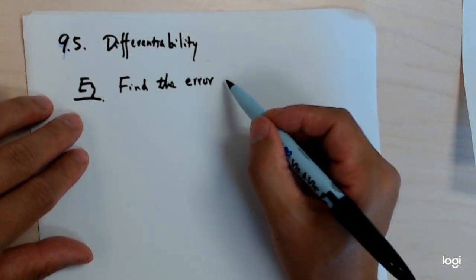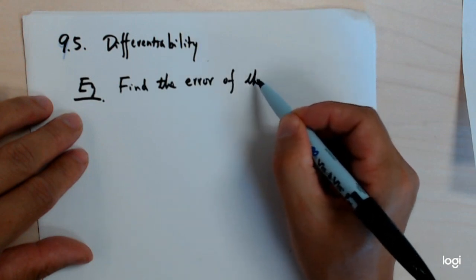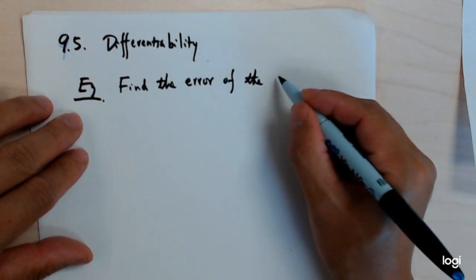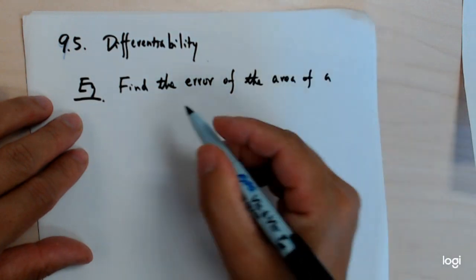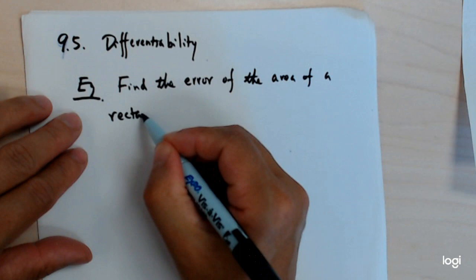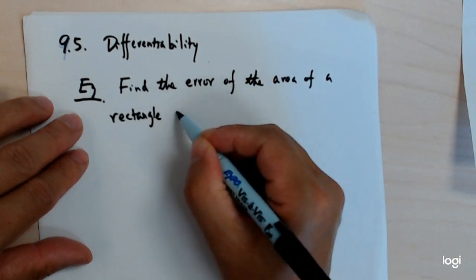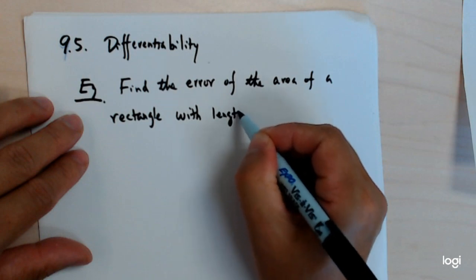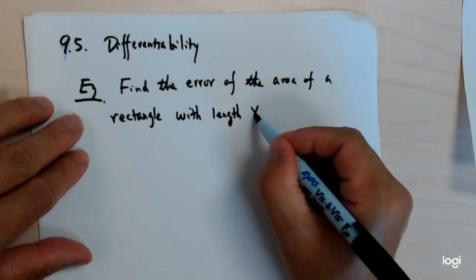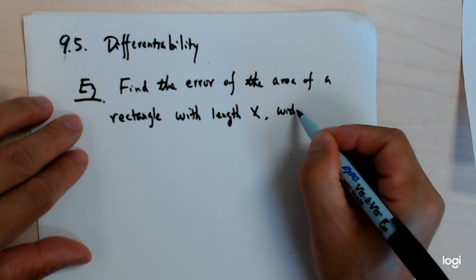Find out the area when we calculate the area of a rectangle with length x and width y.